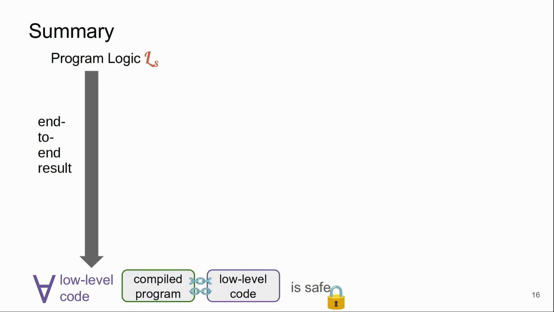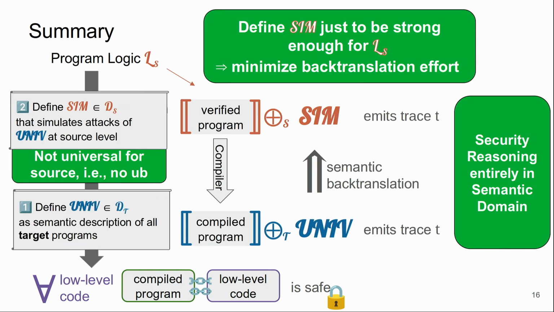So let me summarize. As an end-to-end result, we build a program logic that implies the safety of the compiled code when linked together with arbitrary low-level code. For that, we propose a new semantic approach and do the entire security reasoning in the semantic domain.